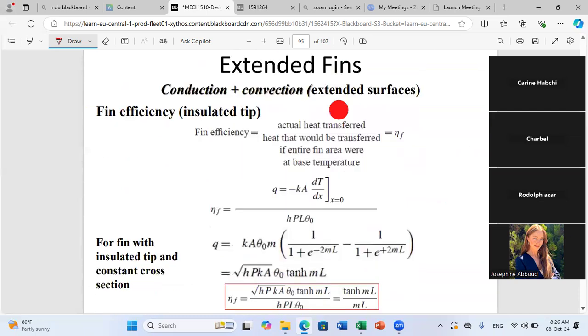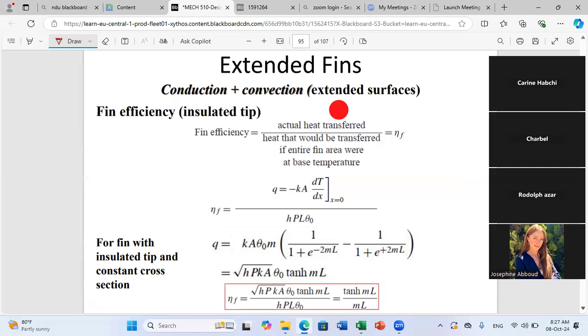Now, for fins, we know we introduce fins in order to enhance the cooling, in general, or heating process. Okay, and here we are considering cooling situations because we have temperature at the base larger than T infinity. So in order to enhance the cooling effect, we need to consider some parameters that will calculate for us the efficiency of the fin.